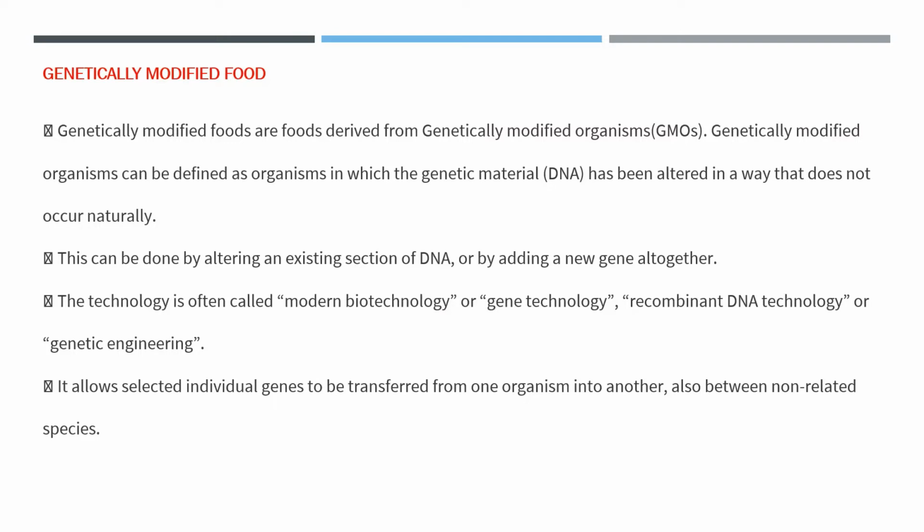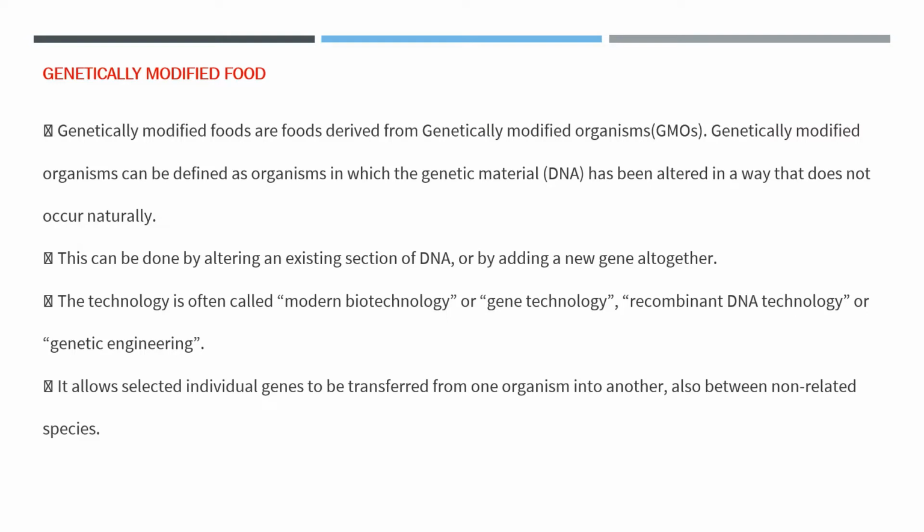So how we modify that organism is by changing the already existing DNA or by adding new DNA to the existing DNA. This technology is also called modern biotechnology, gene technology, recombinant DNA technology, or genetic engineering. These are a few names we normally use for this technology.